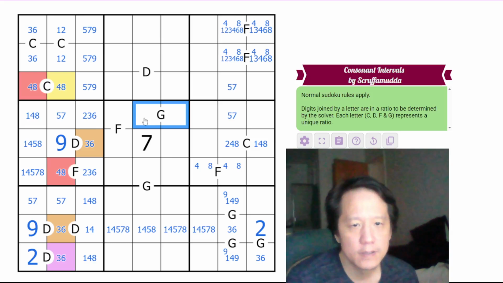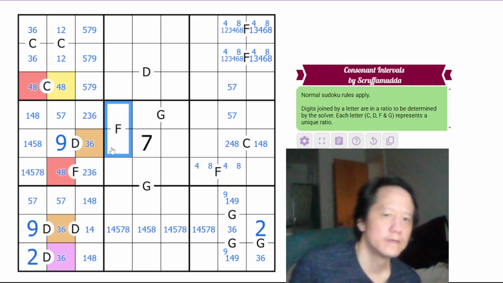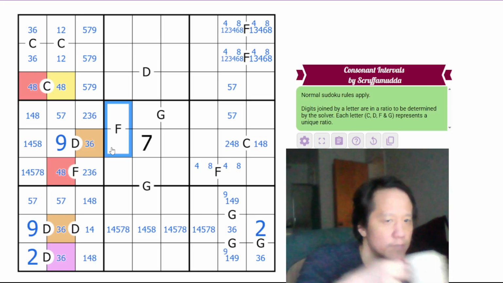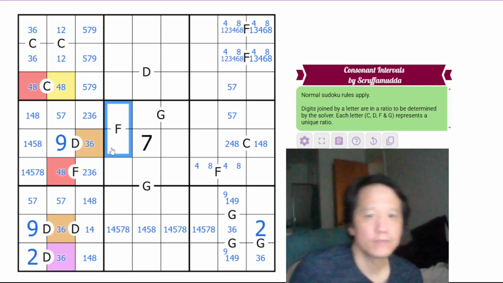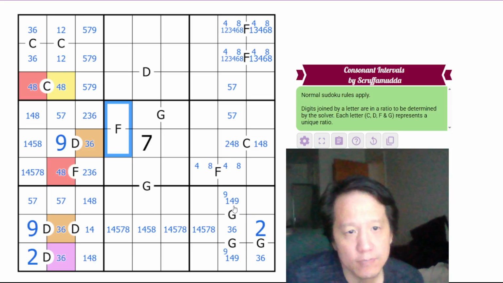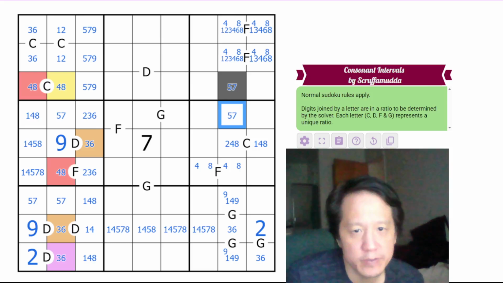9 cannot be next to the F. Then we have 5 and 7. We're going to mark this one dark, and this will be medium, I guess.